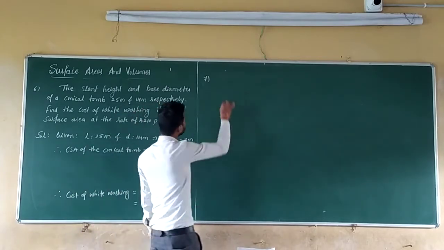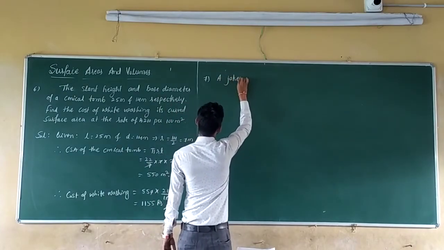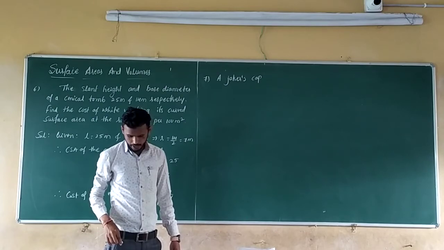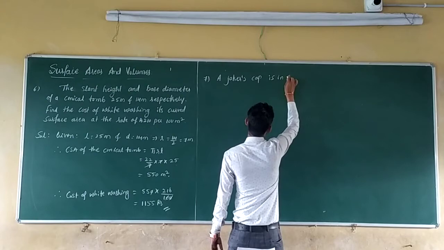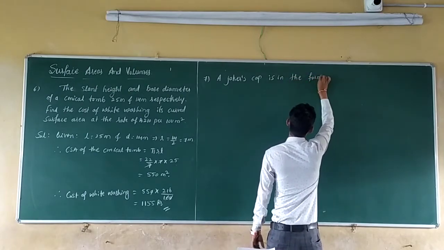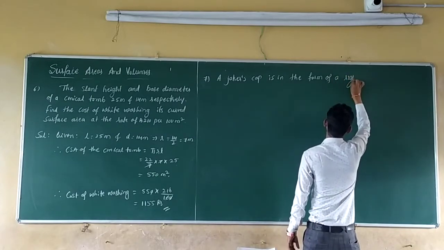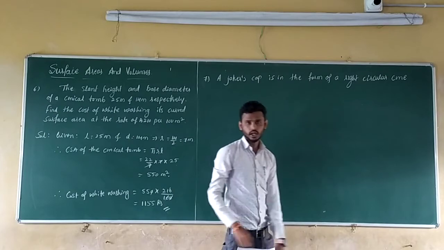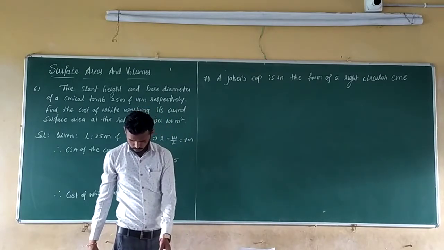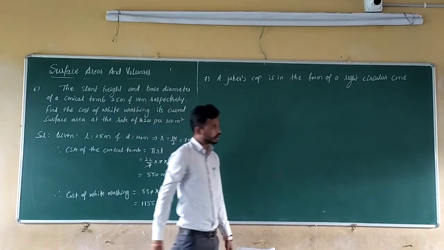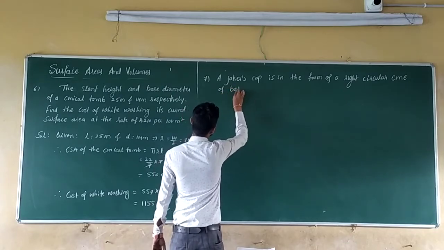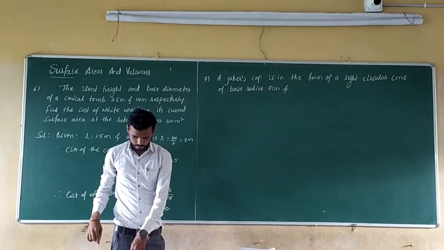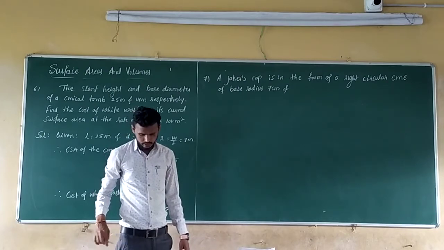A joker's cap is in the form of a right circular cone of base radius 7 centimeter and height 24 centimeter.